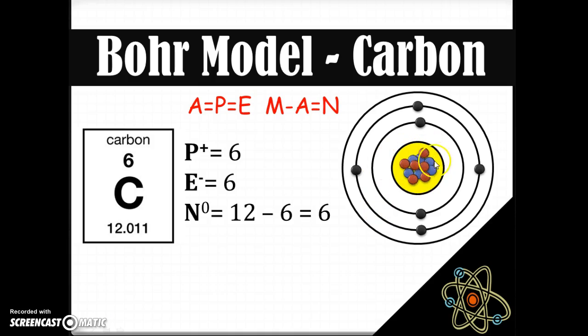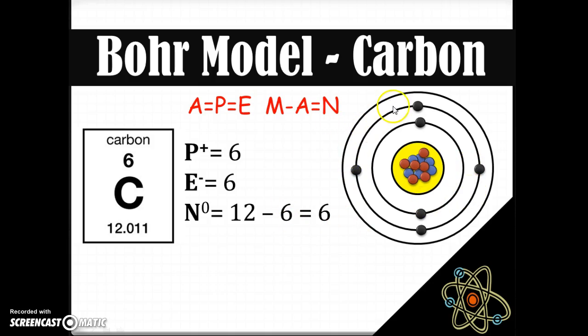And in the nucleus, we have 1, 2, 3, 4, 5, 6 protons and 1, 2, 3, 4, 5, 6 neutrons. And the electrons, we have placed 2 in the first energy level and the remaining 4 in the second energy level.